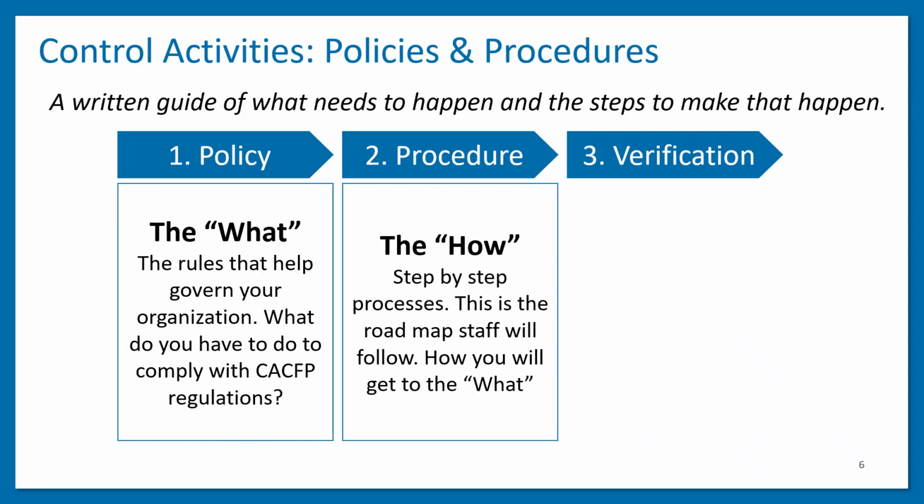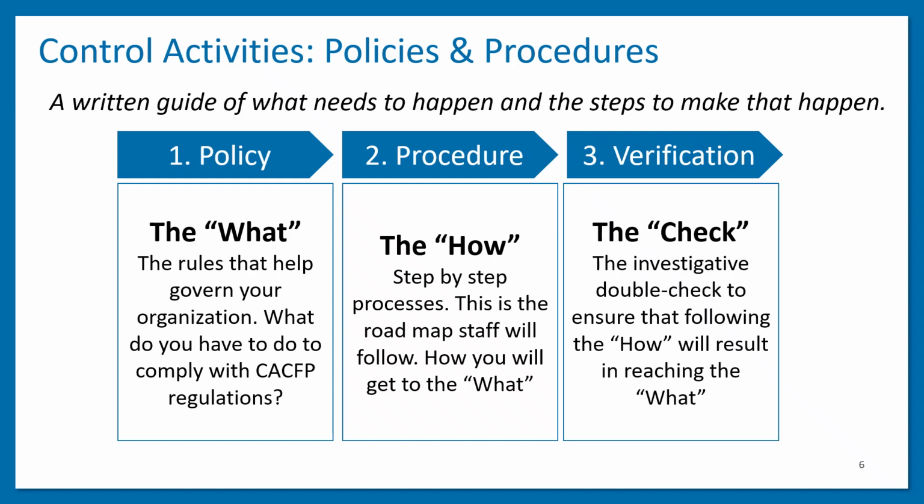Next, the procedure lays out the how. How will you get to the what? What steps do you need to take to meet regulations? And finally, verification is the check, the double check, if you will, to ensure that the steps laid out and taken will truly help you to get to the what. So we have our what, our how, and our check.